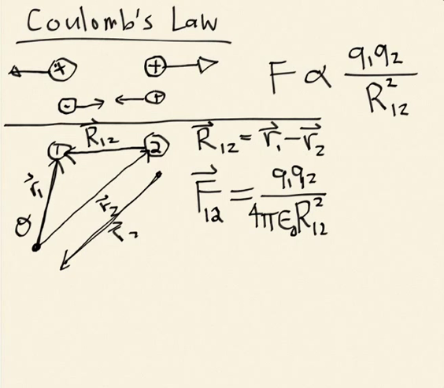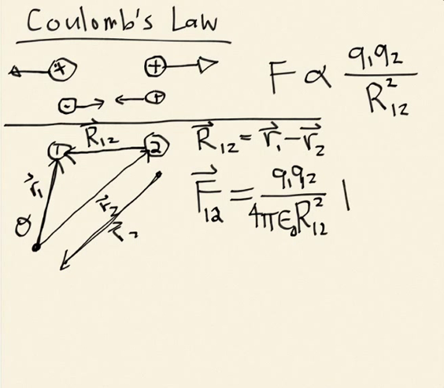All right, so one last thing to say is that this is a vector, and so we need to give it a direction. So we've given it a magnitude. The direction is going to point, if both Q1 and Q2 are positive, or both are negative, the force will point along the direction of R12. And so that's the case where both of these are the same sign, and you get a positive value for this, what I've written down so far.